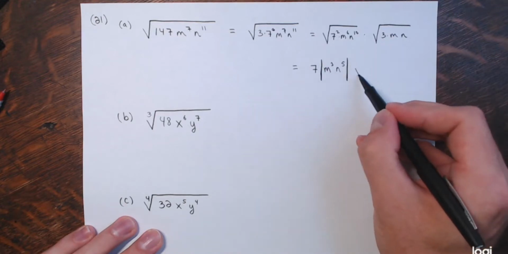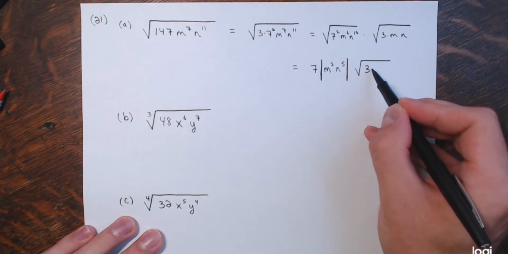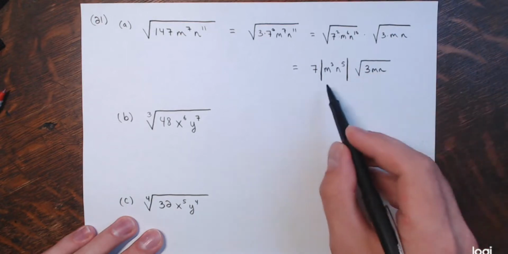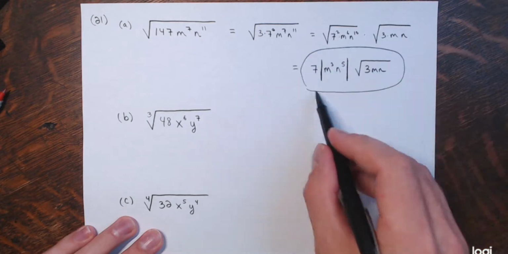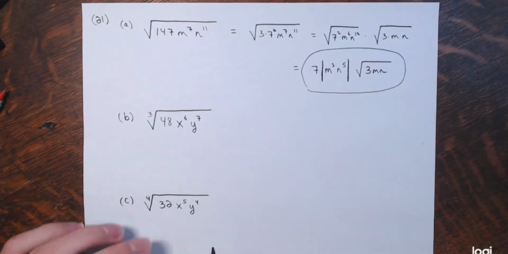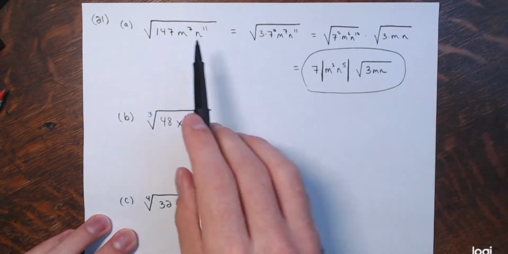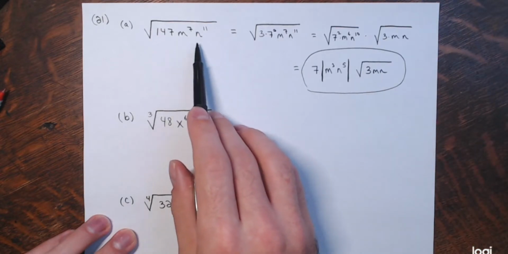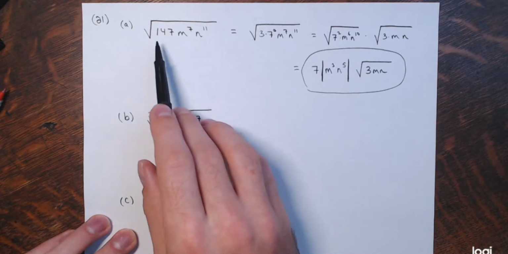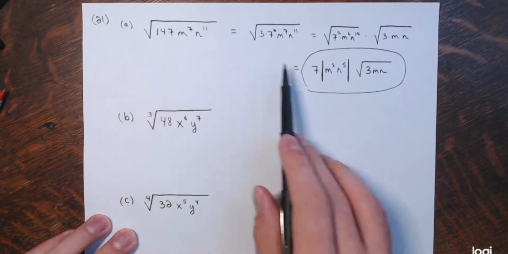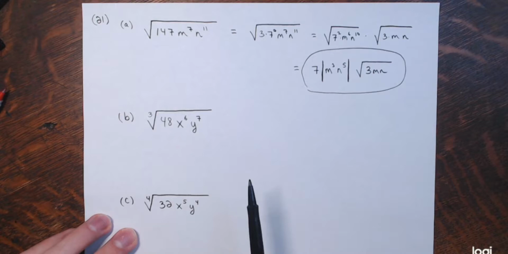And then times the square root of the rest, right? The square root of 3 times m times n, like that. Wonderful. And again, if you want to test it out, replace m and n with some numbers that you choose and use a calculator, see if the original value is the same as this value here. And, they should be.